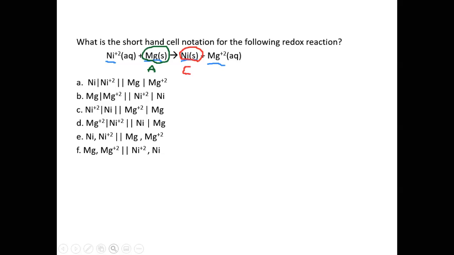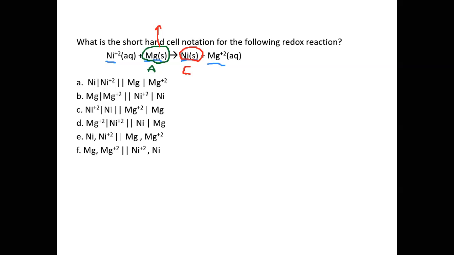These should appear on the ends of the cell notation. Any cell notation which doesn't have magnesium listed first is wrong, because magnesium is the anode. The anode is listed first, then its solution, and then the cathode's solution and cathode. So A and C should be at the ends of the notation, with the anode to the far left and the cathode to the far right in the shorthand notation.